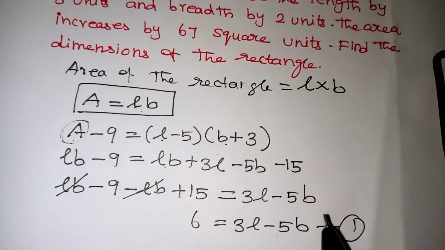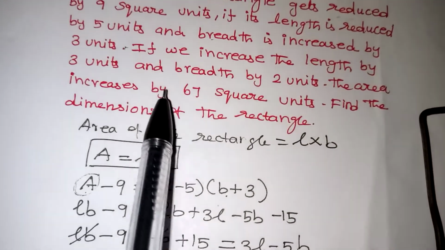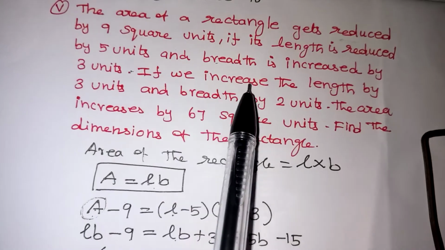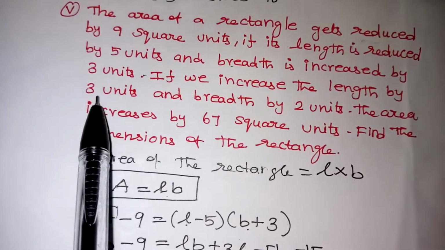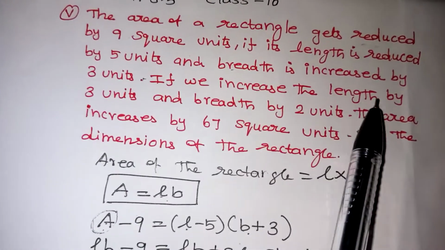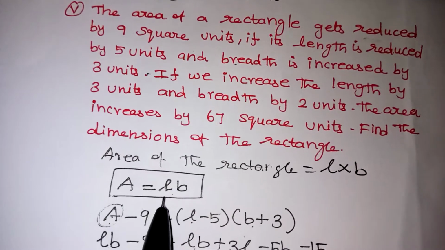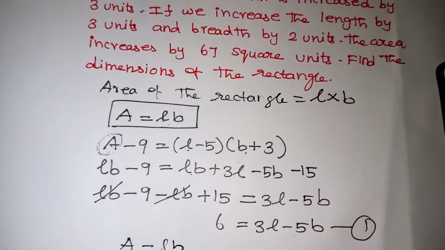So we need to go for the second equation now. Again the question is, if we increase the length by 3 units and breadth by 2 units, both are increasing. A is equal to LB is your basic formula.